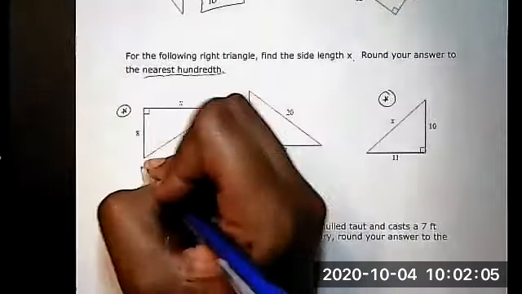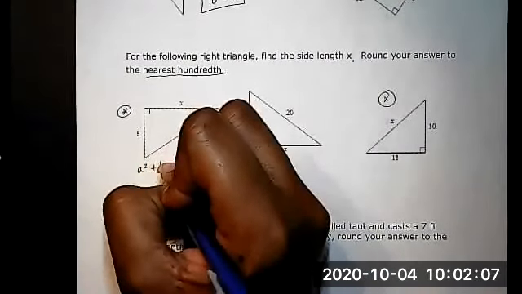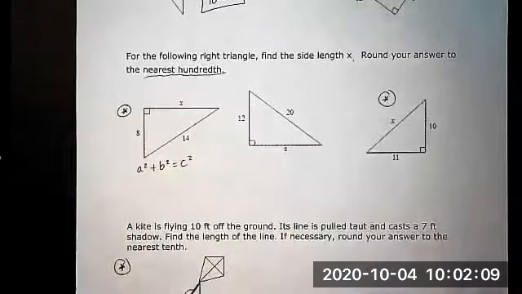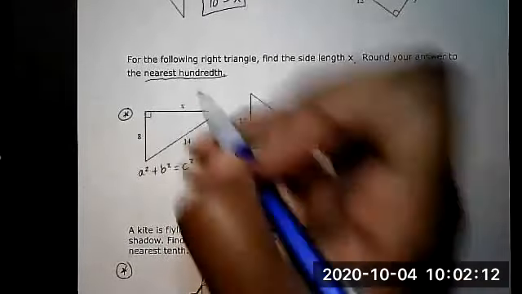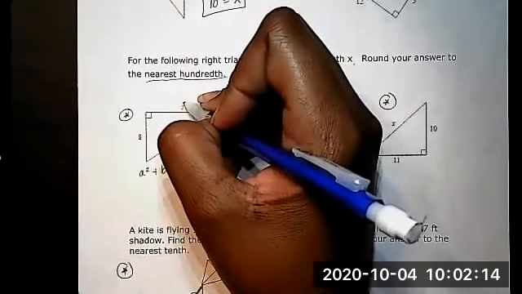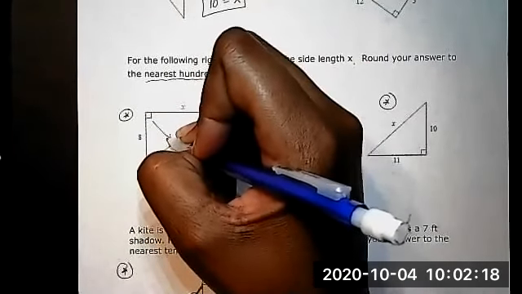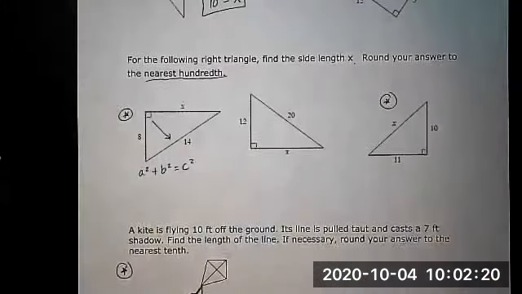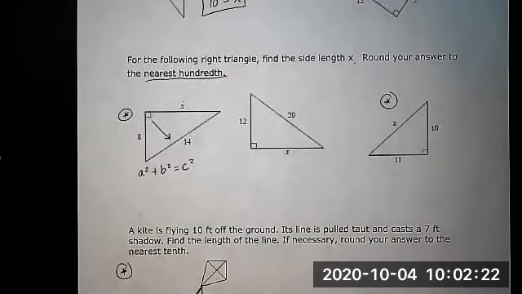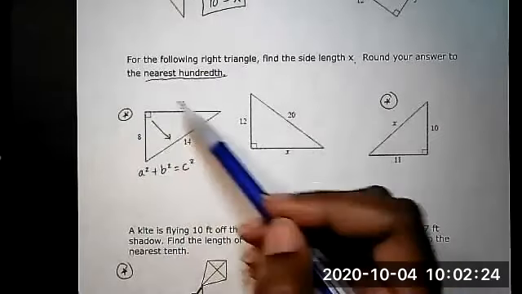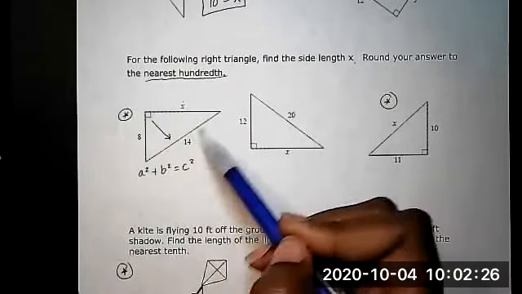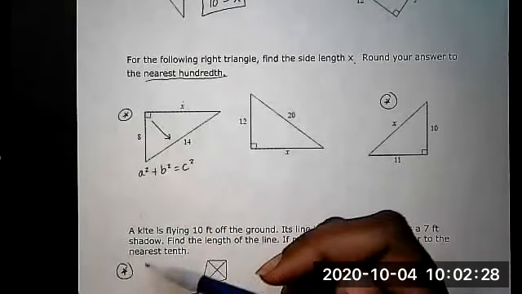So we have a squared plus b squared equals c squared, and of course the sides are a and b. This is the hypotenuse. That's our c, across from the right angle, and in that case it is 14, so that's c squared.